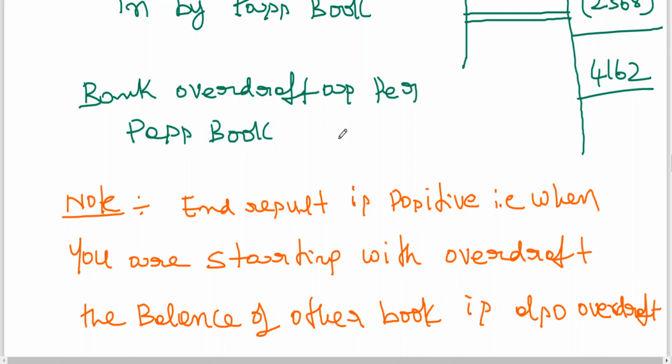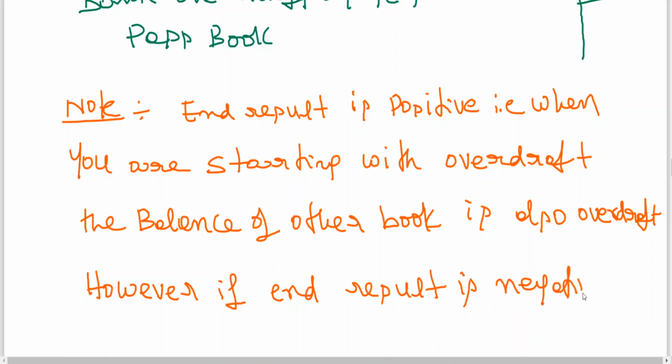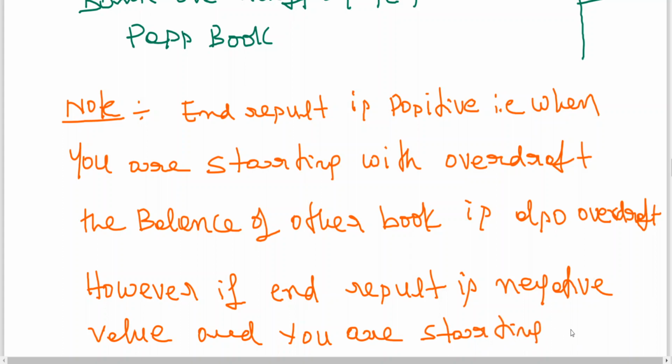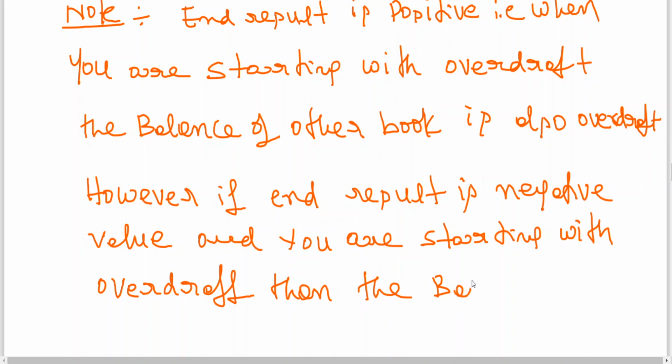Suppose this 4160 you are getting in negative. However, if the end result is a negative value and you are starting with overdraft, then the balance of the other book is called favorable.